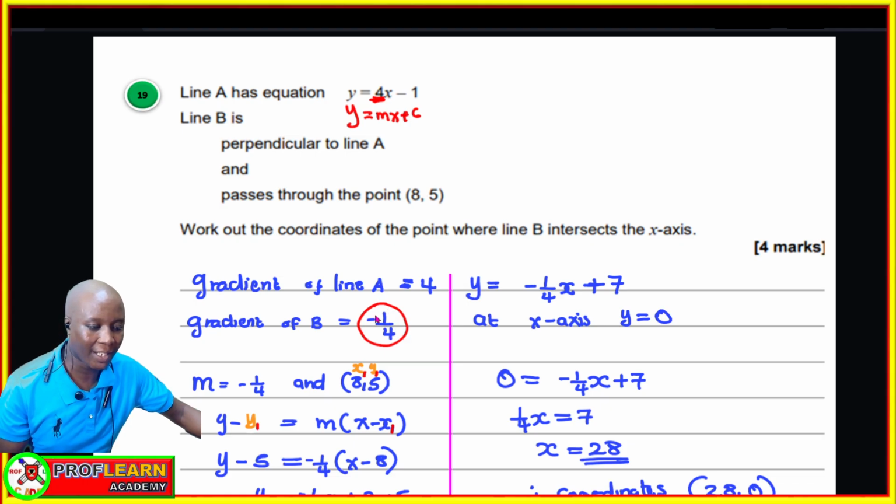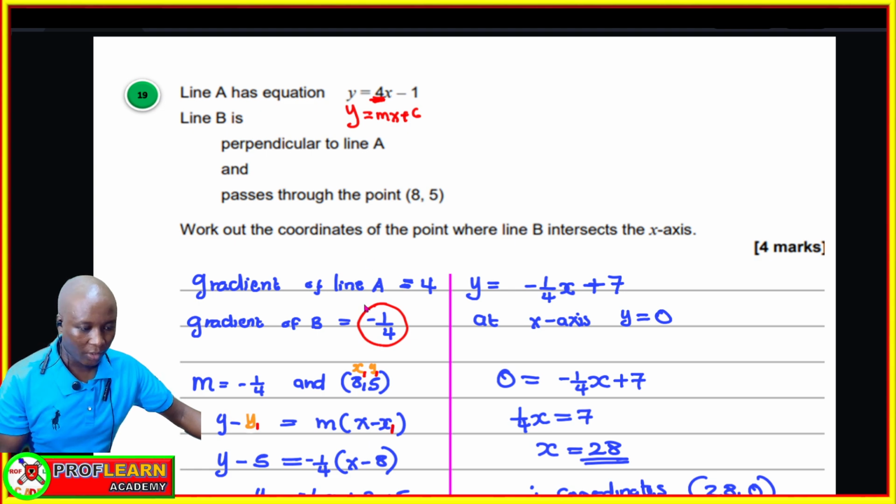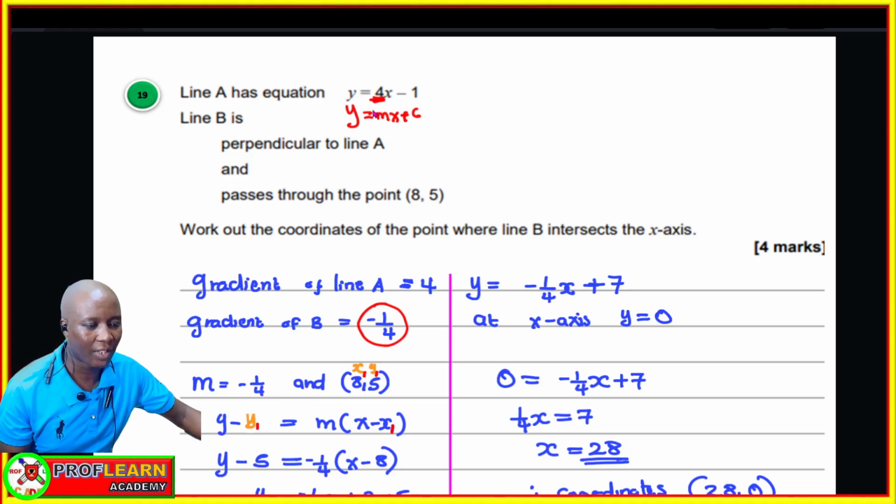Negative 1 over 4 times 4 is going to give us negative 1, because we know that if you multiply the gradients of two perpendicular lines, we are going to get negative 1. So that's why, if I know the gradient of one line is 4, the other gradient is going to be negative 1 over 4.